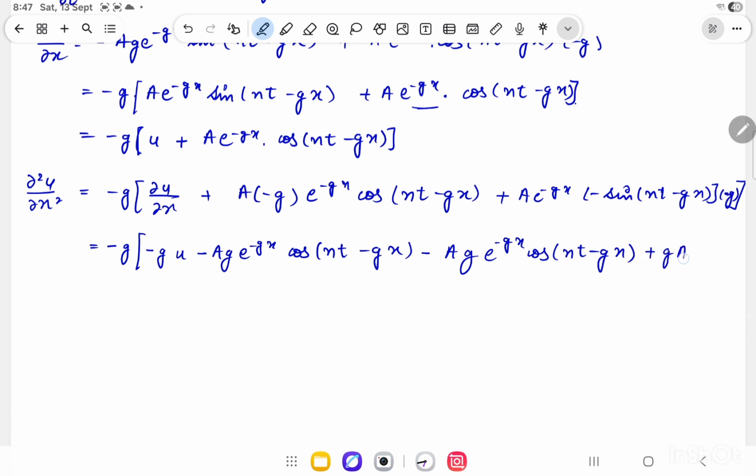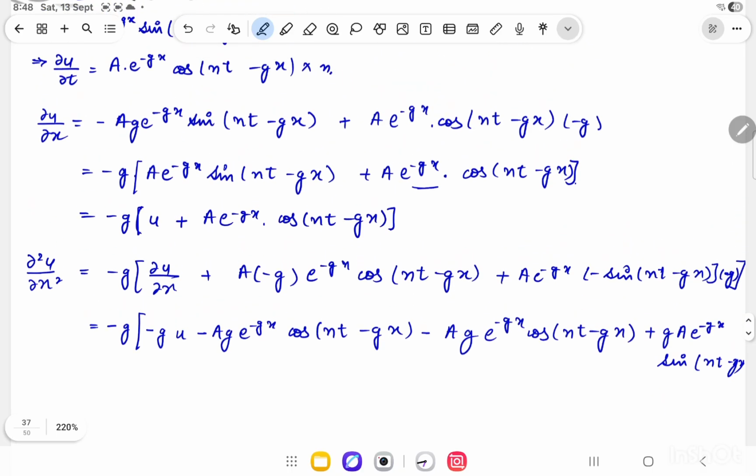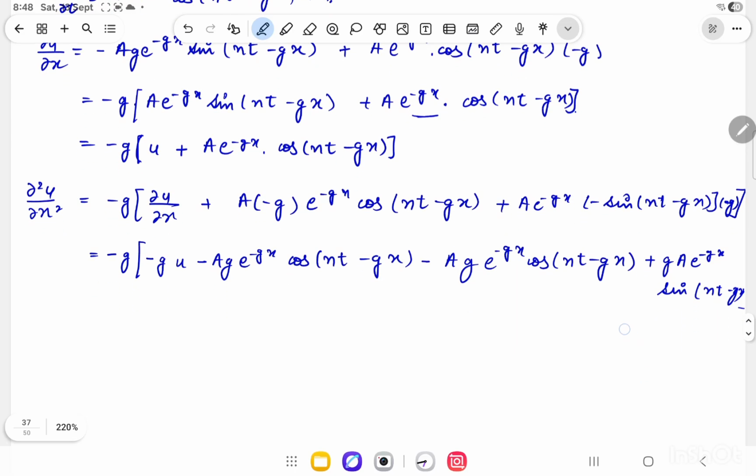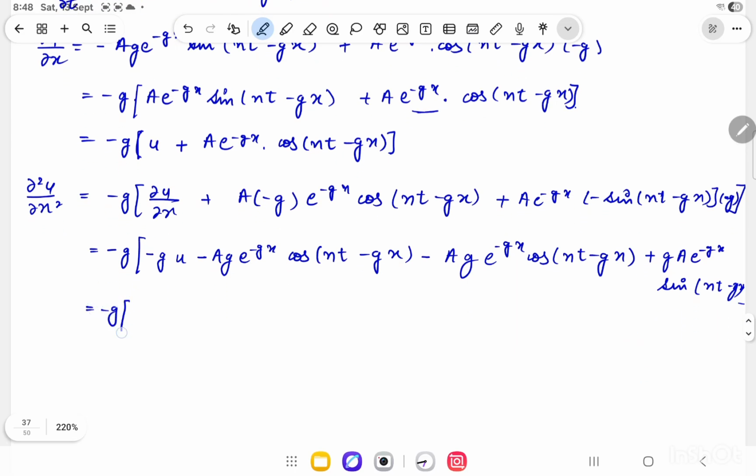it will be plus g into a e raised minus gx into sine nt minus gx, and a into e raised minus gx into sine nt minus gx is basically u, so I'll get minus g into minus gu, and it will become minus 2ag e raised minus gx into cos nt minus gx plus g into u.